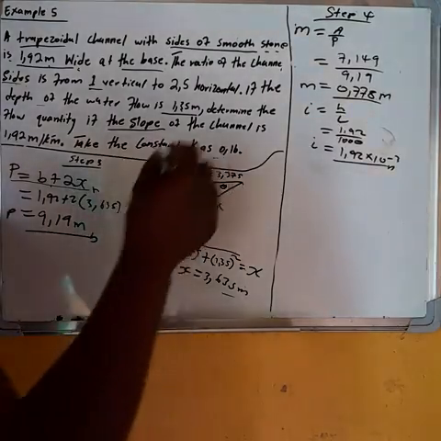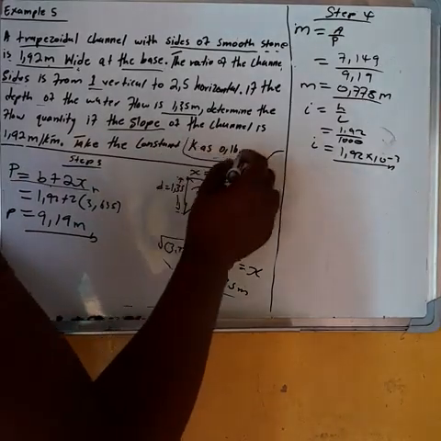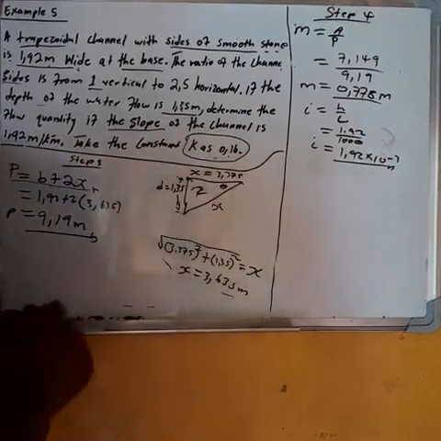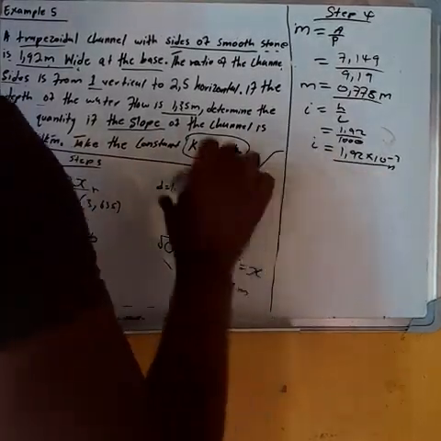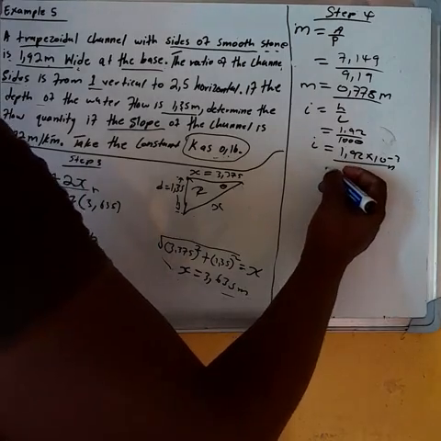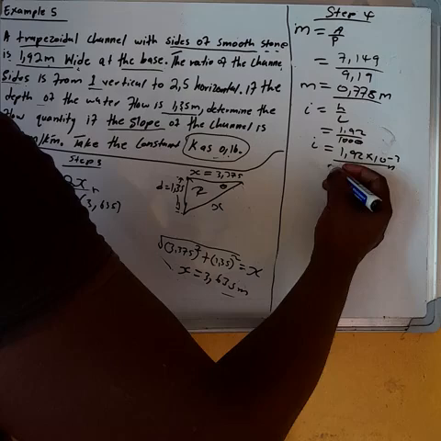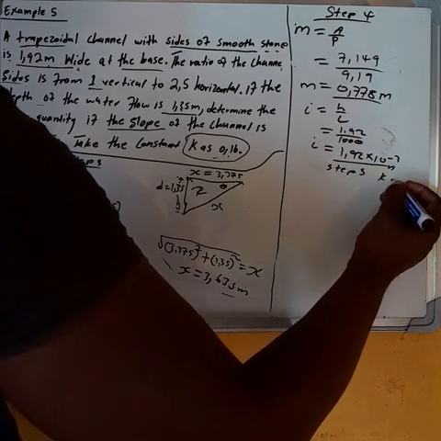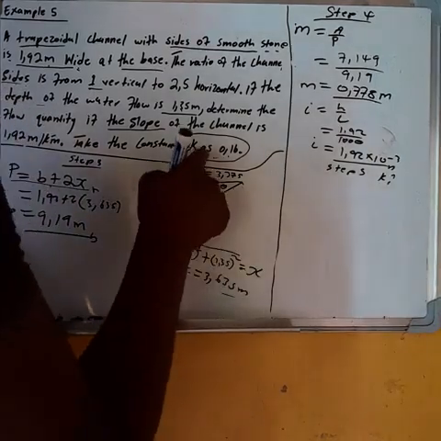Since we have K in our formula, we're supposed to use the Bazin formula. We have been given K, remember the Bazin formula. We're done with that. Step 5: since we're given K, we must ask ourselves, why did they give us K?